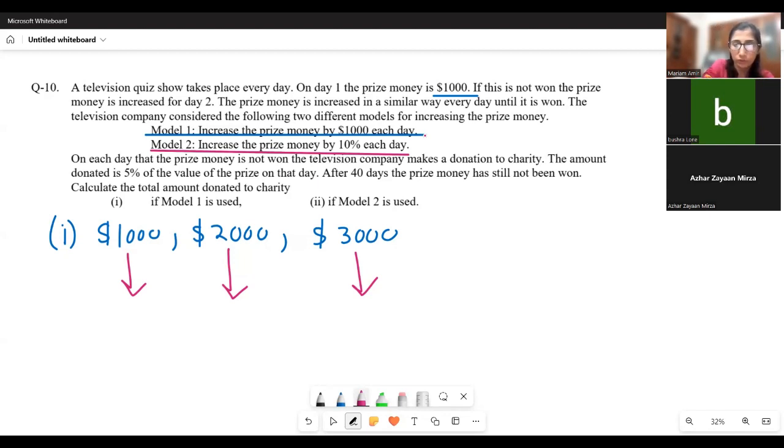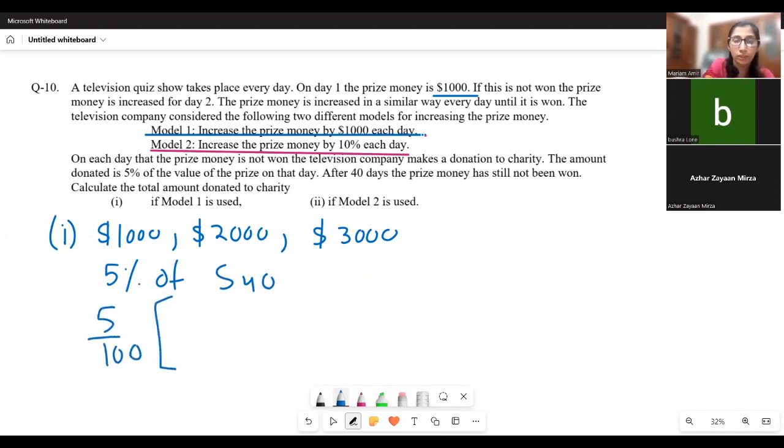Instead of doing it individually. So you have to find 5% of S40.